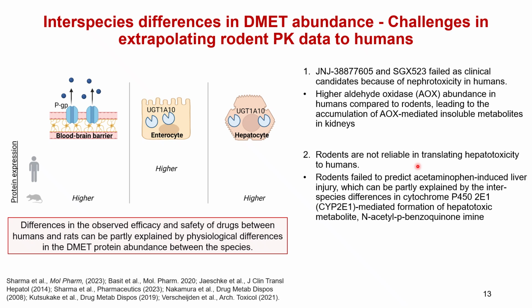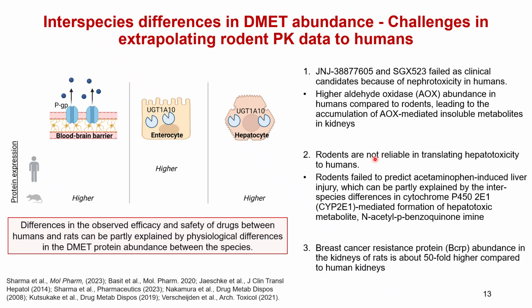For example, rats fail to predict acetaminophen-induced liver injury, explained partially by the interspecies differences in CYP2E1-mediated formation of the hepatotoxic metabolite. Similarly, the breast cancer resistance protein, or BCRP, abundance is 50-fold higher in the rat kidney compared to the human kidney, leading to differences in toxicity as well.